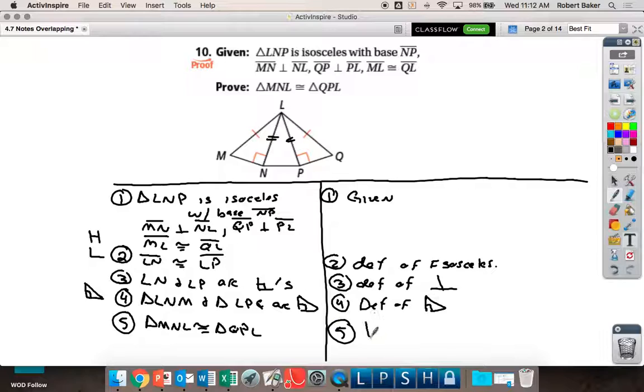HL, the HL shortcut. Tough, right? So HL is the shortest shortcut, but it could be the longest proof, because you have to prove right angles, then you have to prove right triangles, then you have to have an H and an L. Okay?